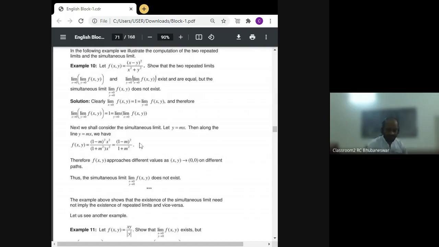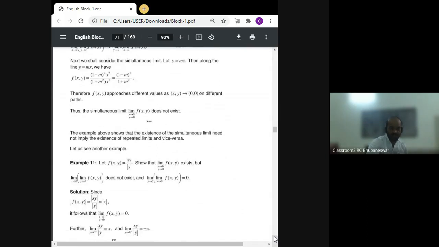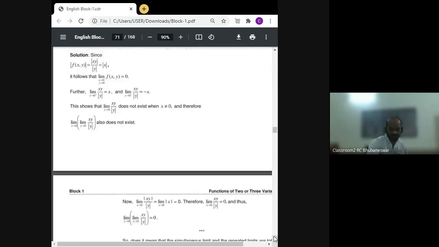So here, one thing is clear: the existence of the repeated limit does not imply that the simultaneous limit also exists. That has been discussed in example number 10.